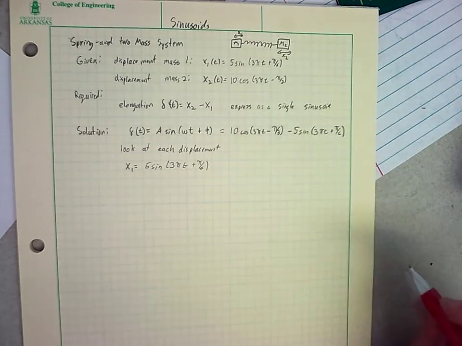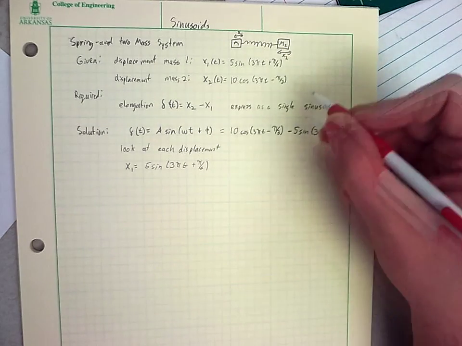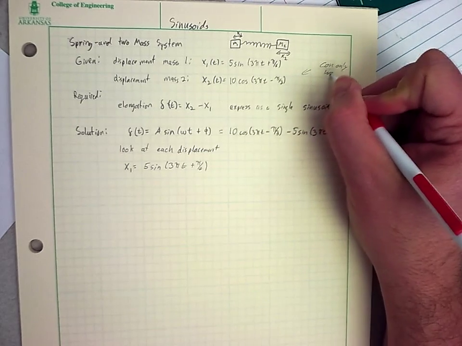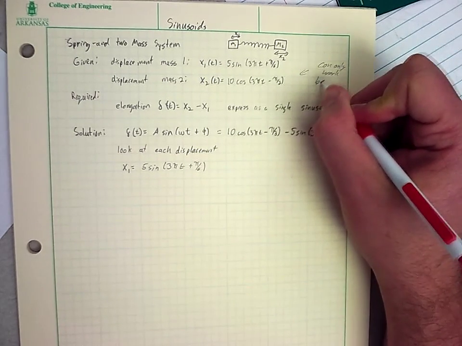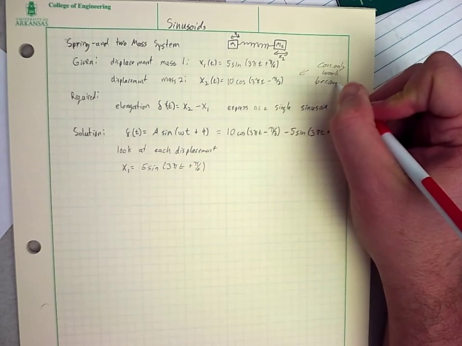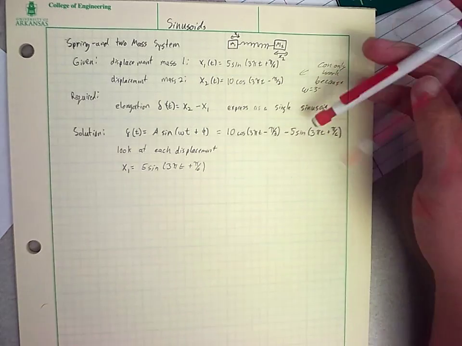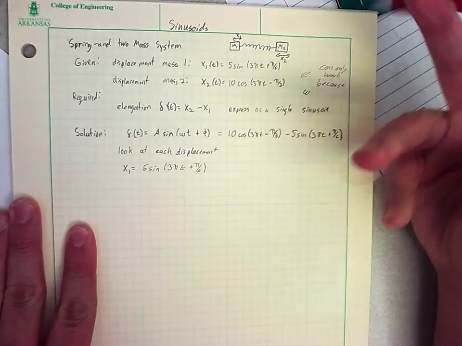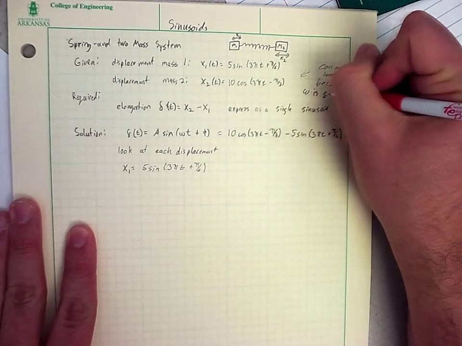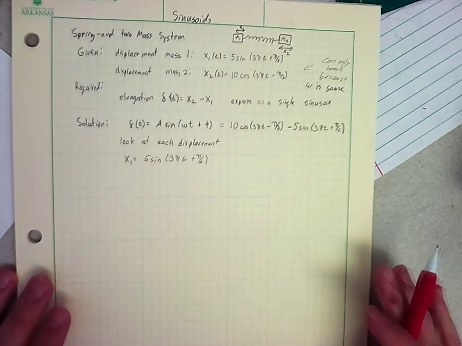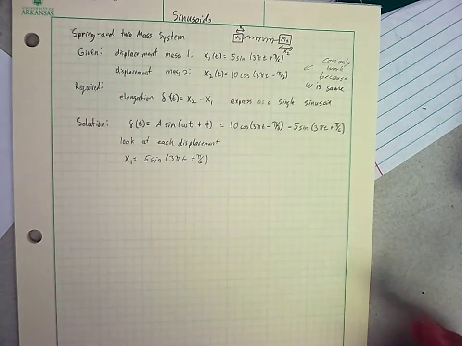And again, we know this can only work because omega is the same for both of these. In other words, it's 3 pi here and it's 3 pi there. That's the only reason this is going to have a chance at working.